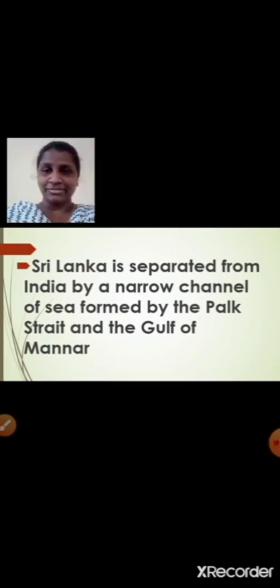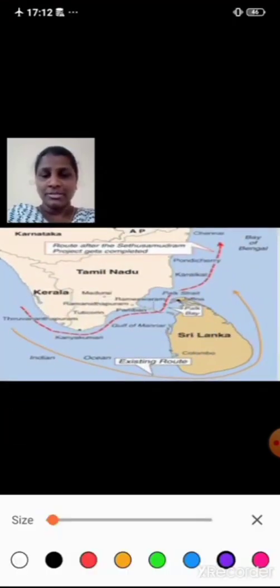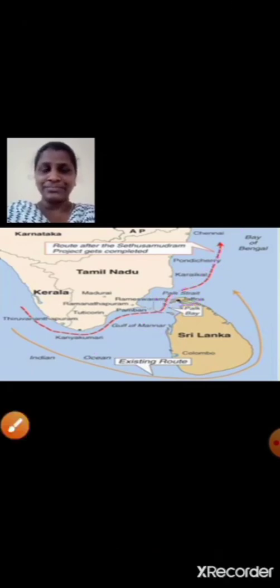Yes, it is separated from India by a narrow channel of sea formed by the Palk Strait and the Gulf of Mannar. Here you can see, students, here is the Palk Strait and here is the Gulf of Mannar. Sri Lanka and India are separated by the Palk Strait and the Gulf of Mannar. Is that clear, students?